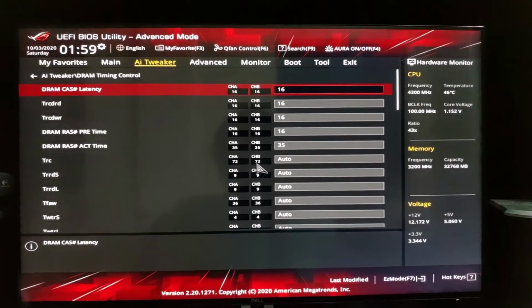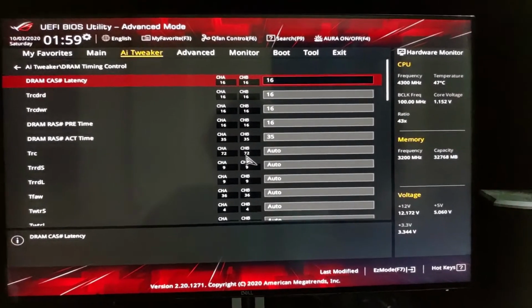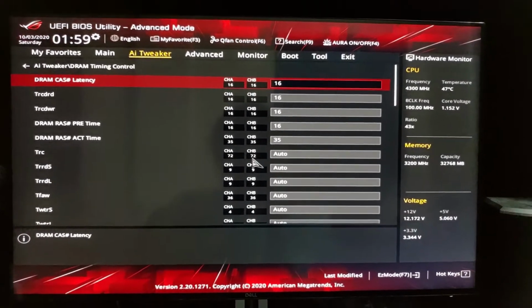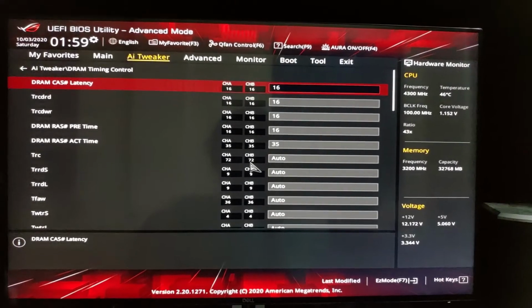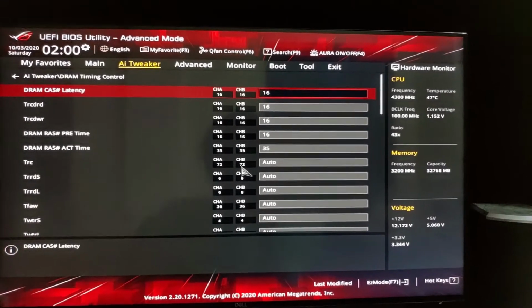So here's the thing. In certain situations, you will need to increase latencies, such as if you are targeting overclocking your RAM.